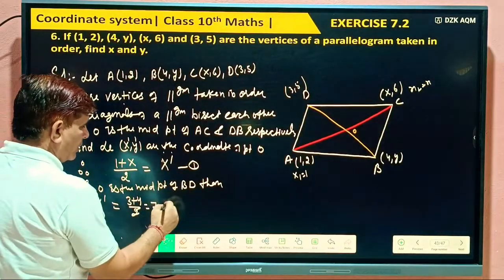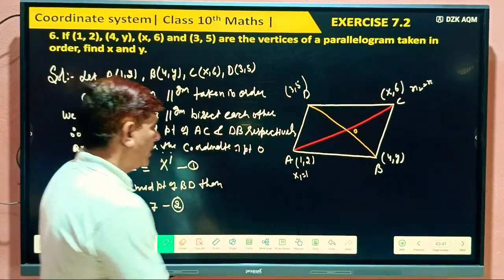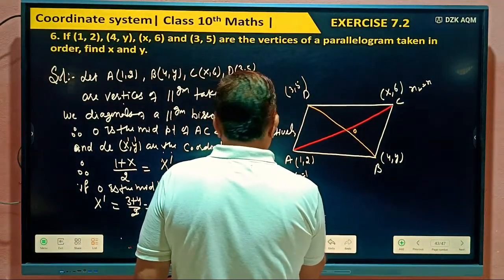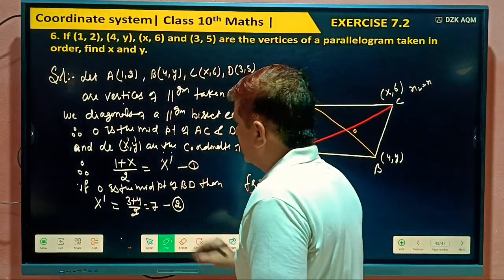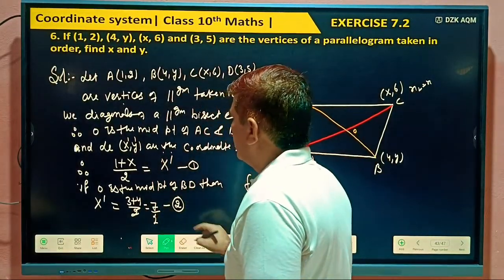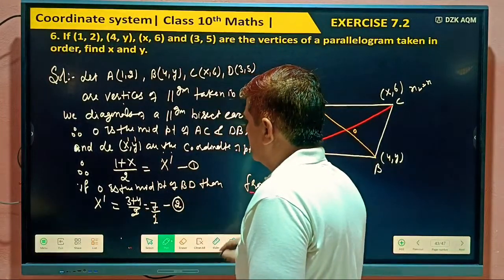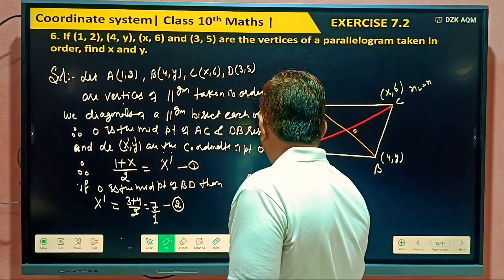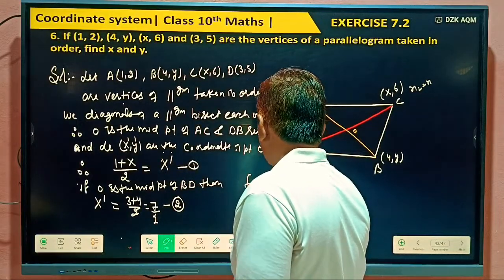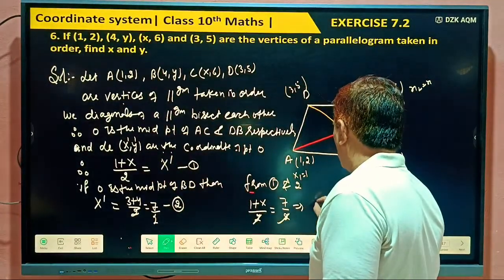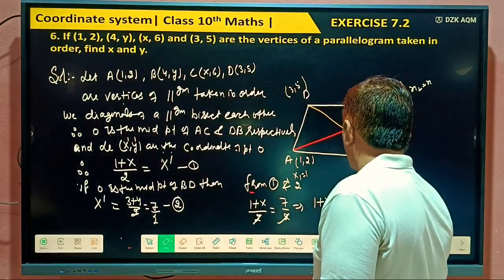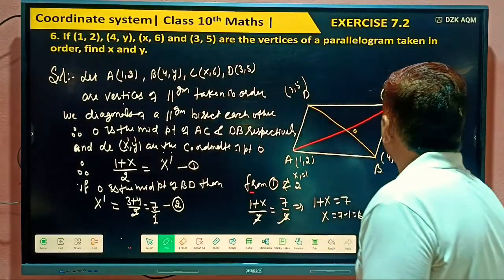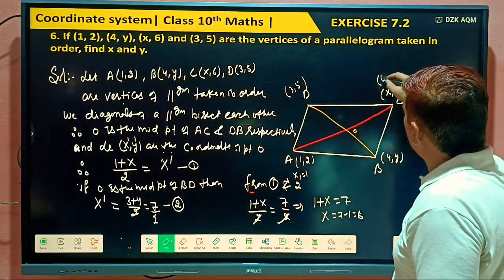This is your first, this is your second. So from first and second, what do we get? (1 plus x) by 2 equal to 7 by 2. 2 cancels 2, so this implies 1 plus x is equal to 7. So what is x? 7 minus 1, how much? 6. So the coordinates of this are 6 and 6.